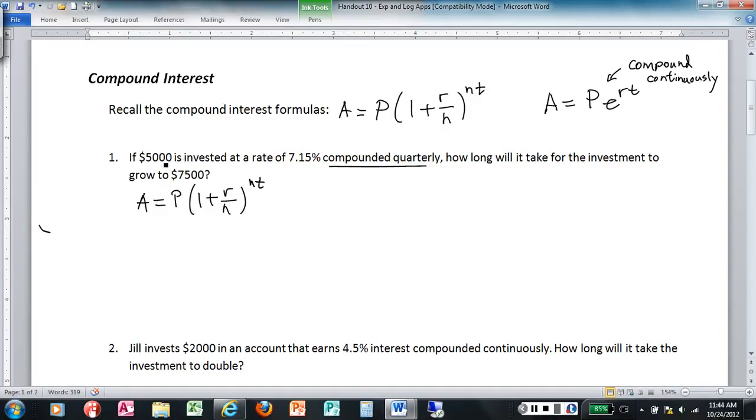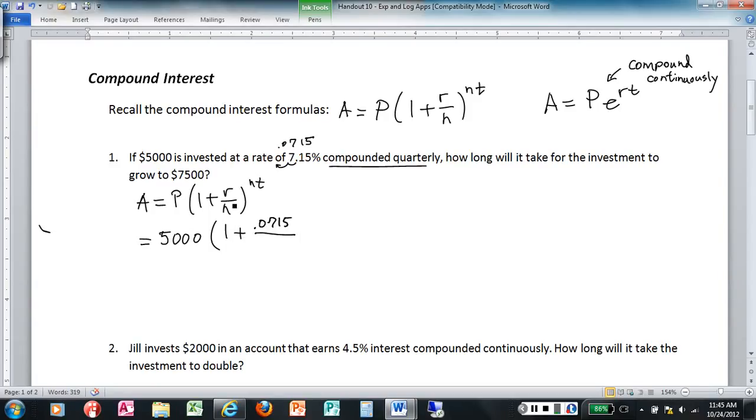That's the amount we start with, our P. So we have 5,000 on the right, parentheses 1 plus. R is the rate. Of course, the rate is 7.15%, but we do have to move the decimal place 2 places over, so that turns into 0.0715 is what we use for the rate. So that would go right here at the top of this line.